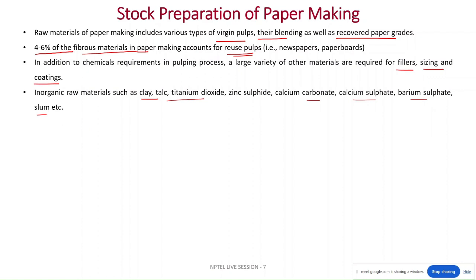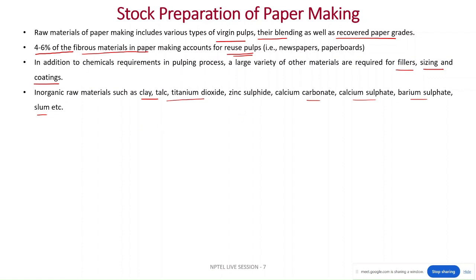So in the raw material, we must already have virgin pulp as well as their blending as well as recovered paper grades. In addition to that, we need to add various kinds of fillers, sizing and coating for chemical requirements, and also other inorganic raw materials for the desired quality and finishing of the product.